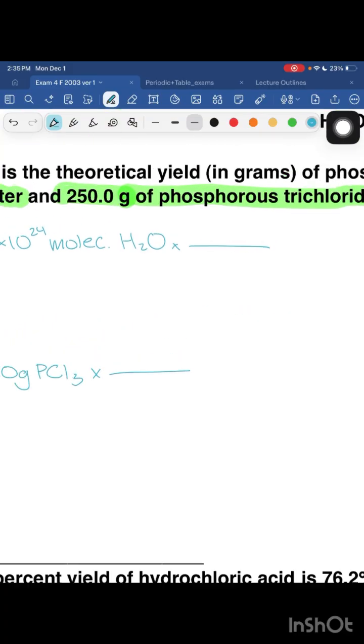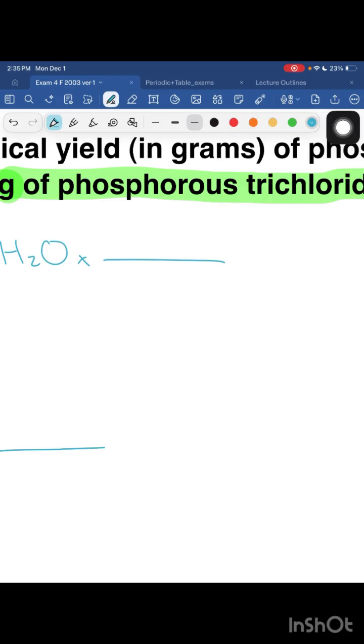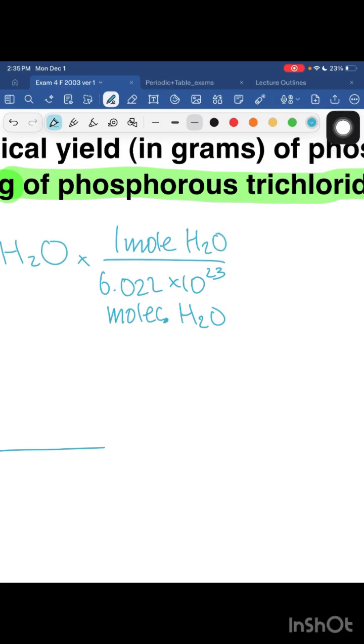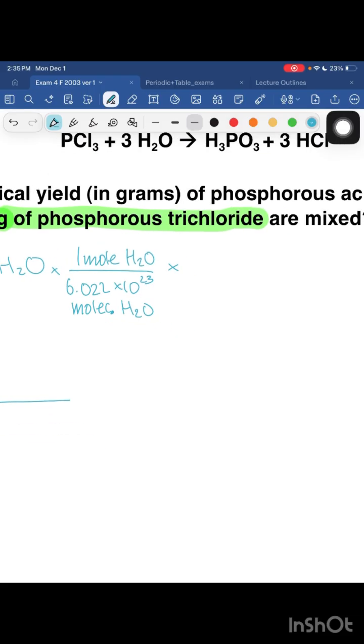First things first, we got to get to moles of our reactant. So that's for every 6.022 times 10 to the 23rd molecules of water, we get 1 mole. And then in the reaction, it says we have for every 3 moles of H2O.